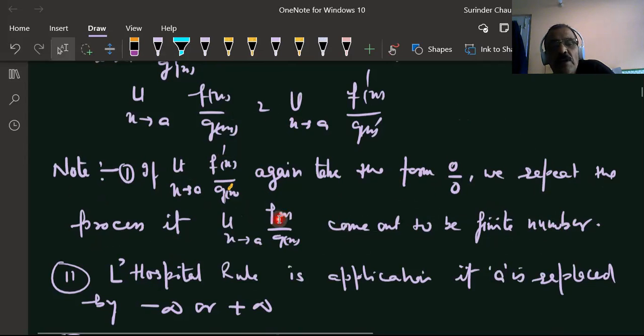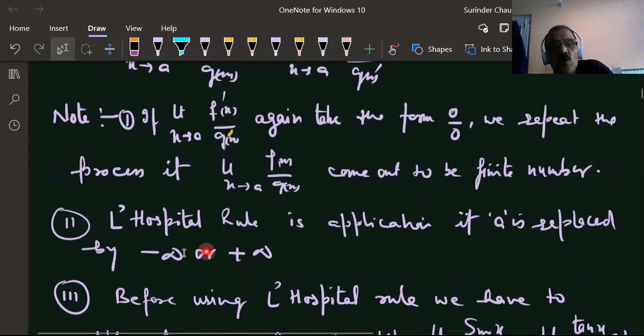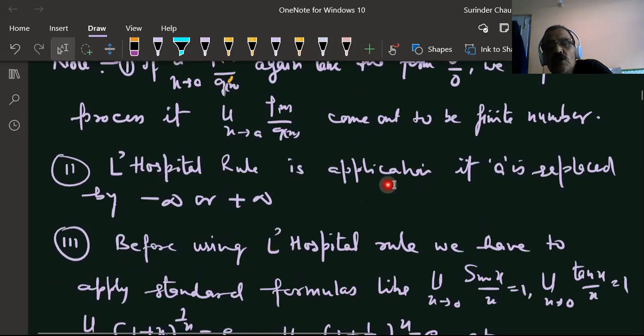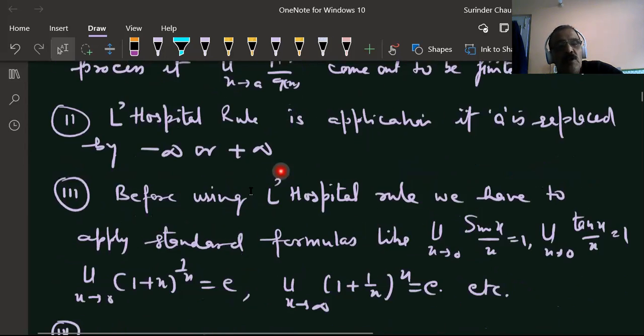If this is a finite number, then that is the limit. L'Hospital rule is also applicable if a is replaced by infinity or minus infinity. Even then the L'Hospital rule is applicable.